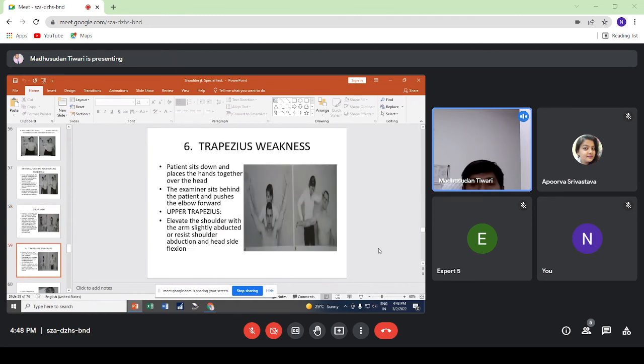Trapezius weakness test. Patient sits down and places the hands together over the head. Examiner sits behind the patient and pushes the elbow forward.